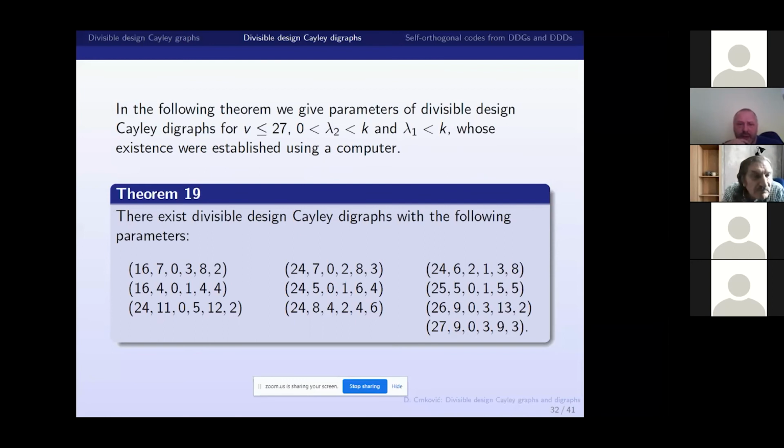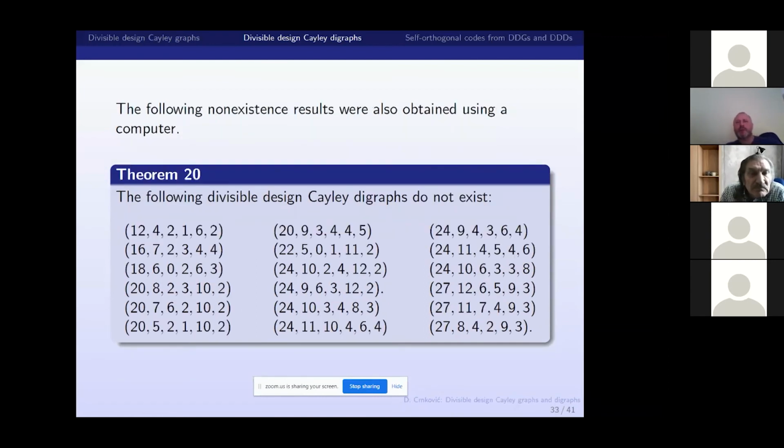There exist divisible design Cayley digraphs with the following parameters, and also by computer we excluded some Cayley DDGs, so we found out that there are no Cayley DDGs with these parameters, and these parameters are feasible, of course. That's the point. So these are not some random parameters.